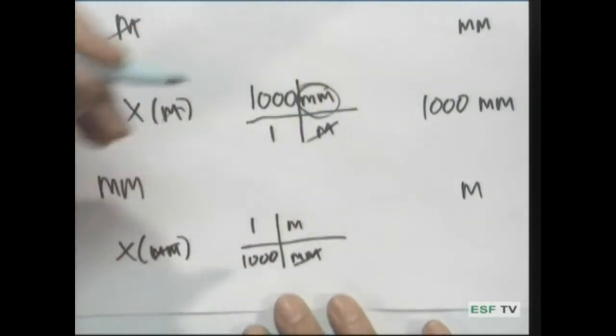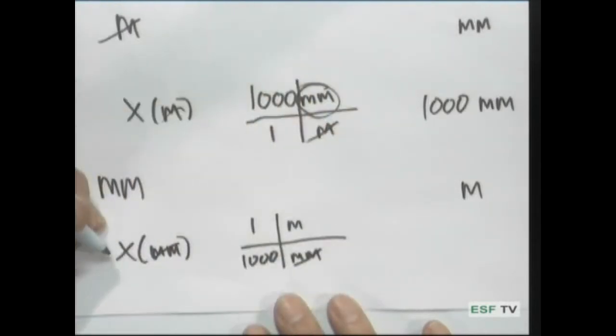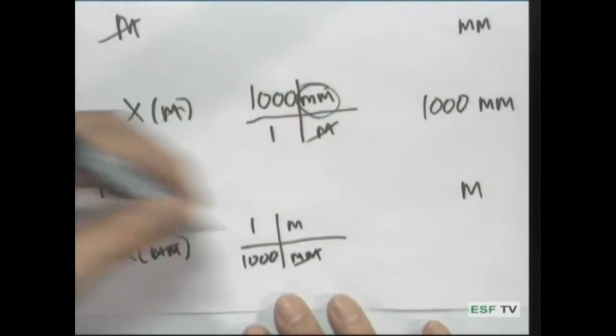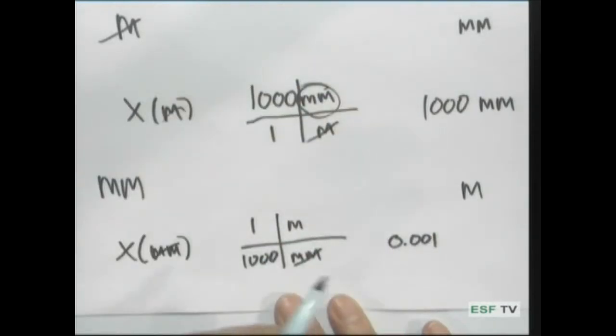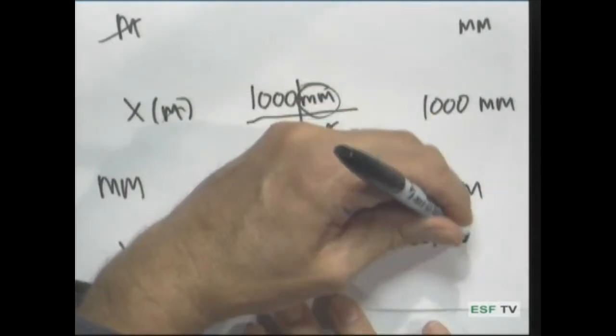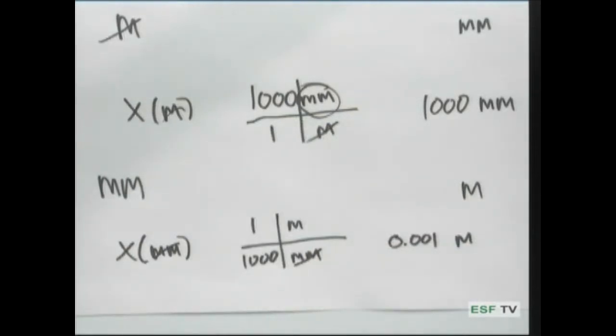And so our conversion factor is simply, if you have x quantities of millimeters, you multiply that by 0.001 or divide by 1,000, whichever you prefer, and you'll end up with meters. So 1 millimeter, for example, gives you 0.001 meters. Now that's a simple conversion.